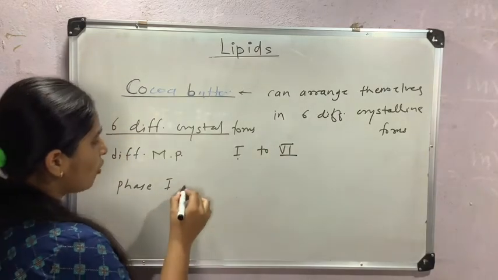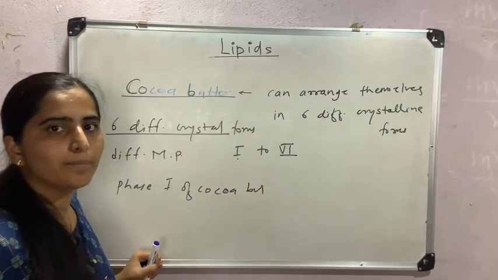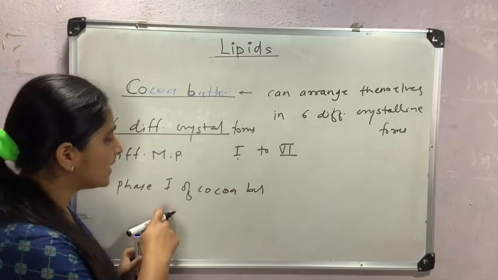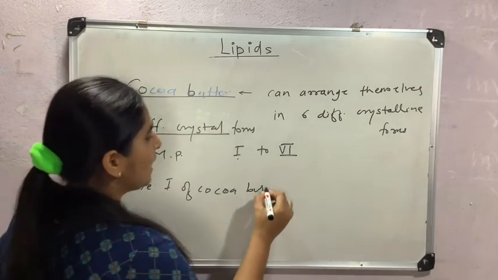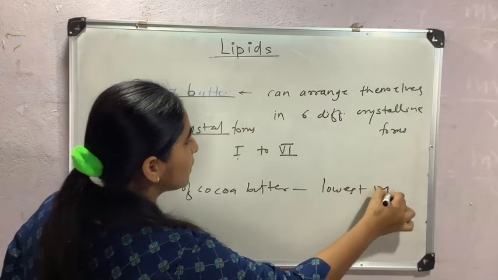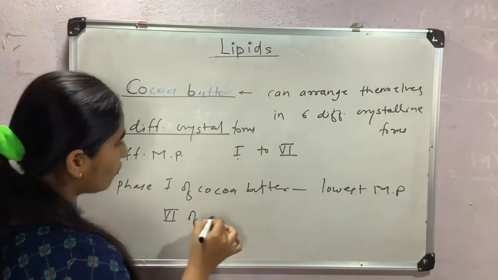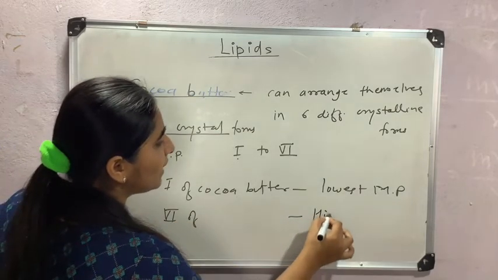Phase 1 of cocoa butter has the lowest melting point, and phase 6 of cocoa butter has the highest melting point.